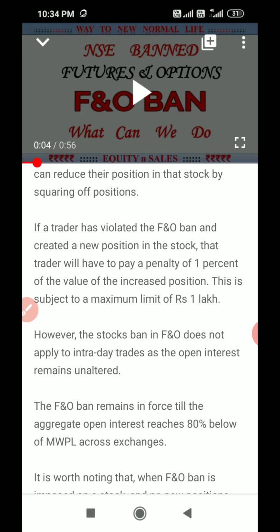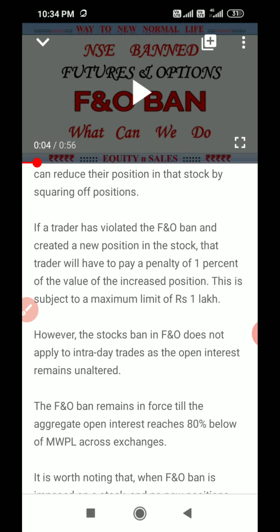Now I will explain how it will affect the investors. It is worth noting that when an F&O ban is imposed on a stock, no new positions are taken. The stock price will continue to remain depressed until the ban is removed. So basically there will be a chance of the price coming down. So if you are taking a position just before the ban, you may end up in loss.